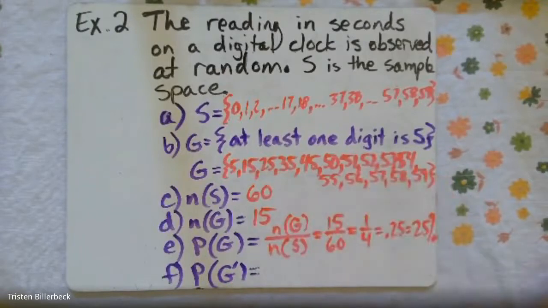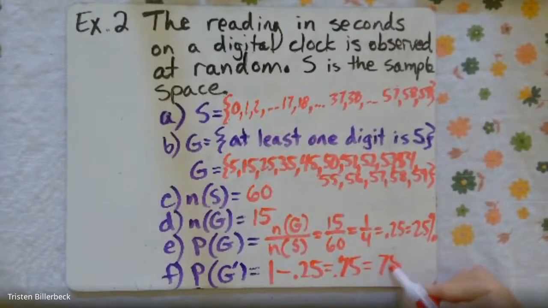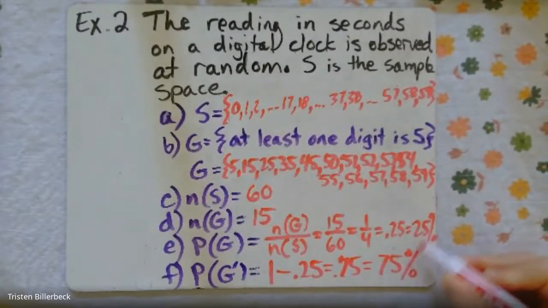Now, with what we've learned, to find the complement of G, all we have to do is 1 minus 0.25, which is 0.75 or 75%. So if we add these two together, that equals 100%. So that's a great way to check.